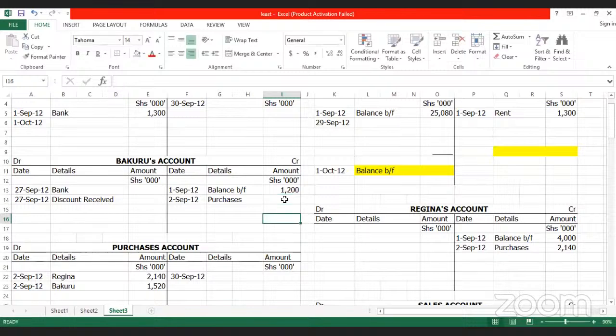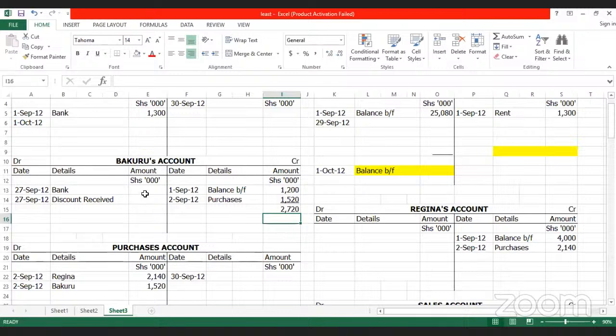So this is 1,500. You first total up, and the credit side is bigger, and the account has a balance of 2,720,000. Now that money has to be paid.